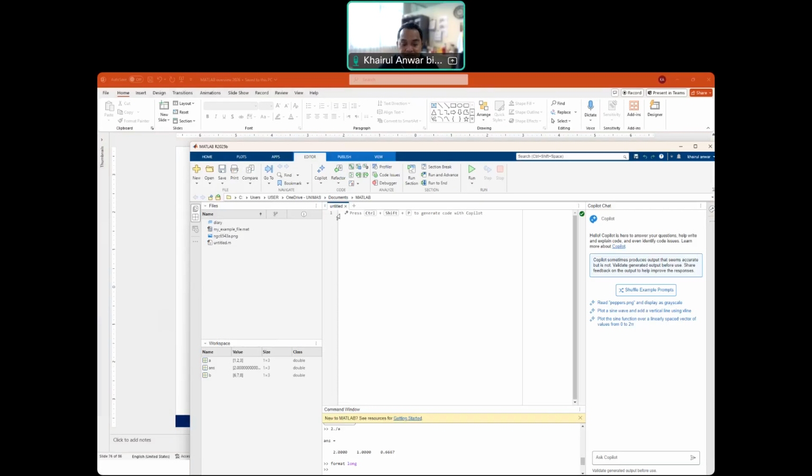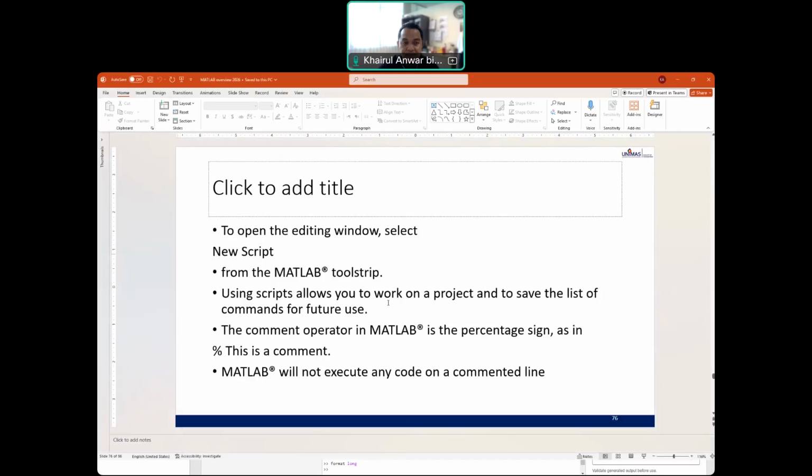Once you save it, it will appear in the file space or directory space. Using a script allows you to work on a project and to set the list of commands for future use. The comment operator in MATLAB is the percentage sign, as in this sign.